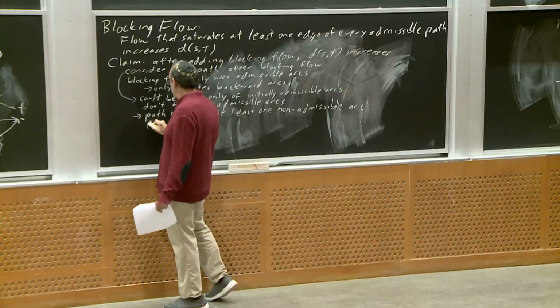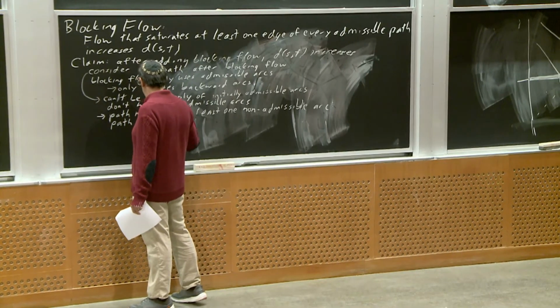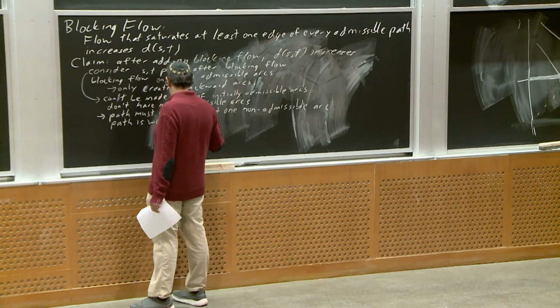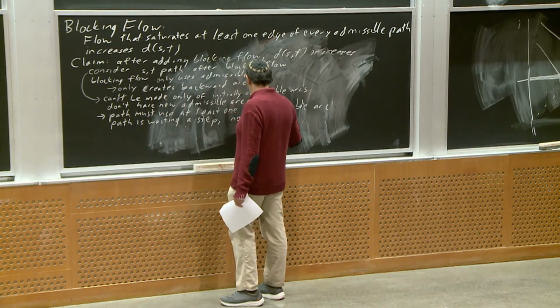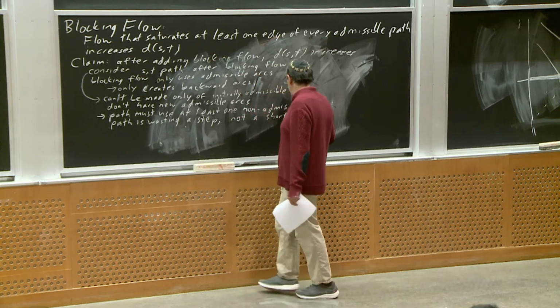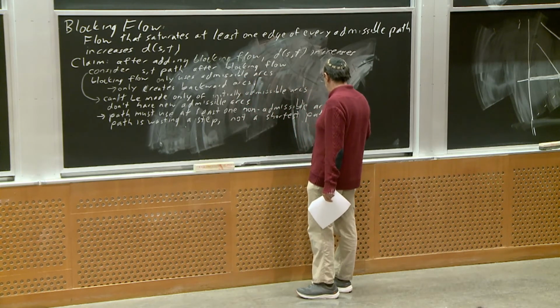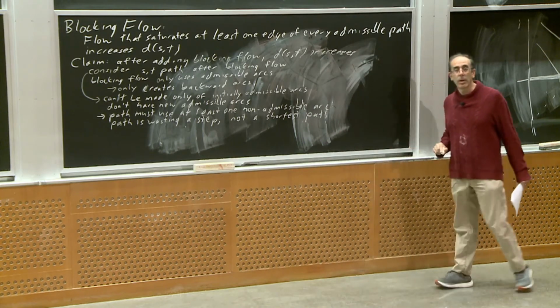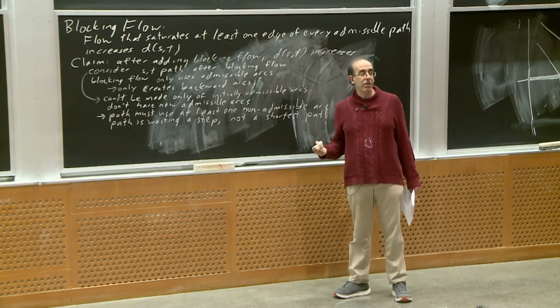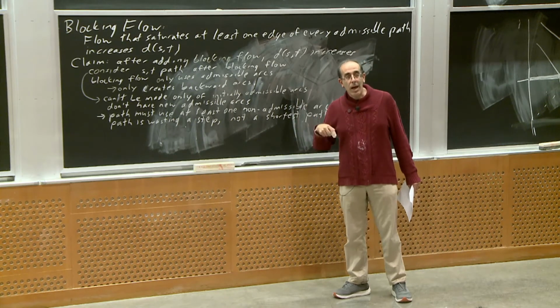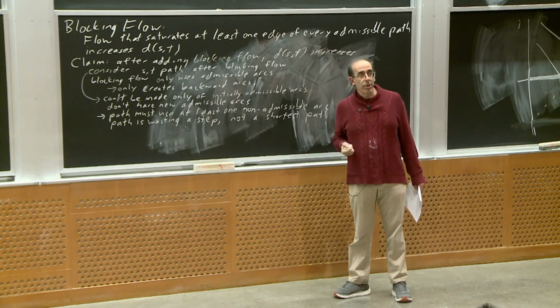The path is wasting a step, and so it's not a shortest path, as we said before. So any path from S to T after the blocking flow is not a shortest path from before the blocking flow.